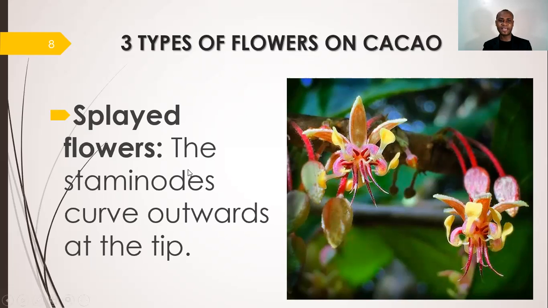So here we see that the staminodes divert, or they open outward. They are not straight and they don't converge, but they open outward. At the tip we can see that they are opening upwards. So these are the three types of flowers.